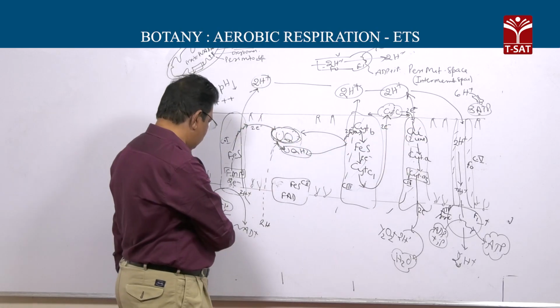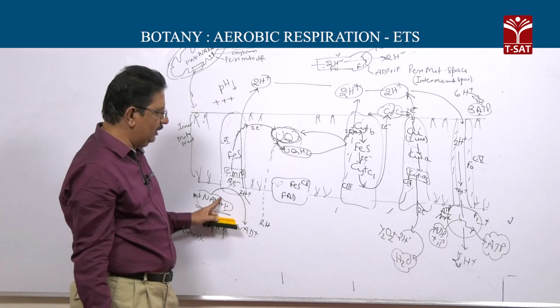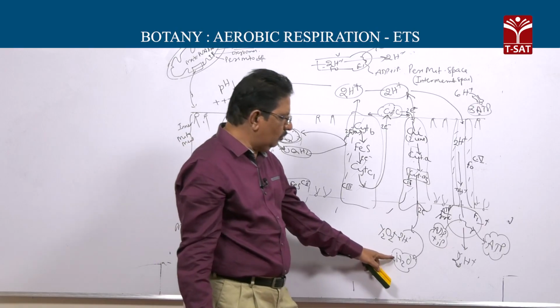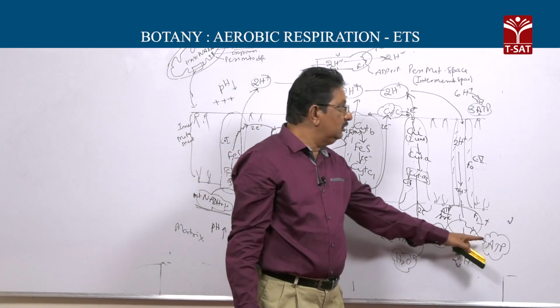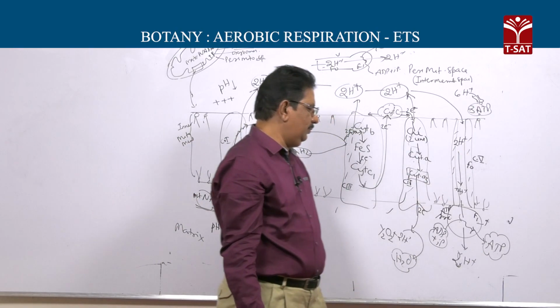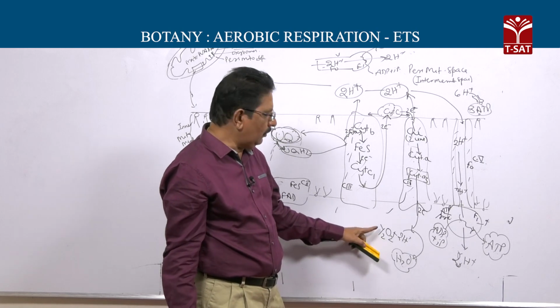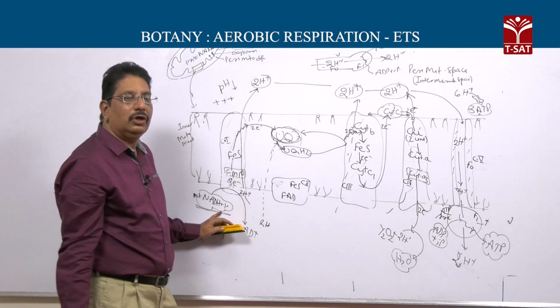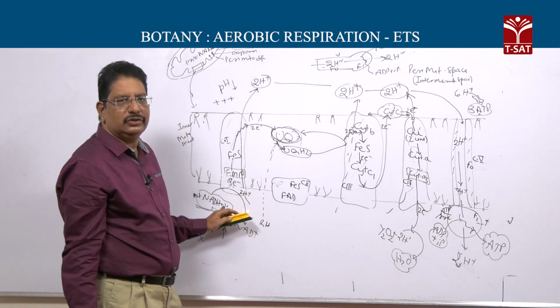So 1 molecule of mitochondrial NADH oxidation results in the formation of 1 water molecule, synthesis of 3 ATP, and utilization of O2. So like that, mitochondrial NADHs are oxidized.